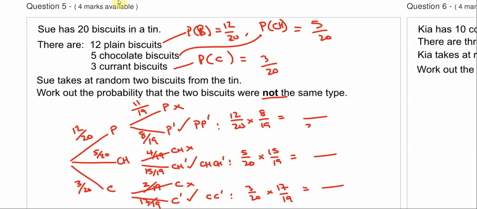That's 380. Okay, let's start from the bottom. 3 times 17 is 51. 5 times 15, 75. 12 times 8 is 96. Then I want to add these 3 together.